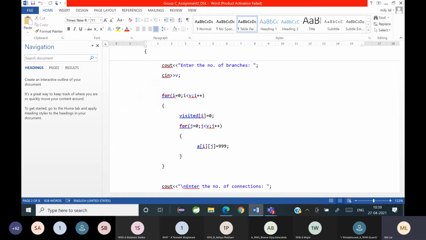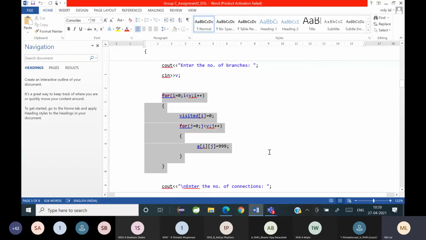And to represent infinity here, that is 999. So the matrix is right now filled with 999. And what else? The flag of each vertex is set to 0. So that is what this particular set of statements means.